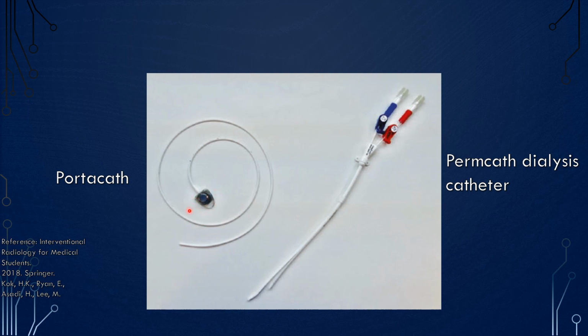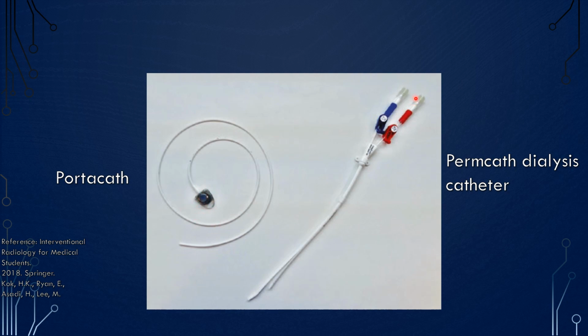So for example, when giving chemotherapy, that part would be in the subcutaneous tissue, and then the nurse would insert a needle, inject chemotherapy that goes all the way into the central circulation, and then by the end of the chemo session, she would remove or he would remove the needle.